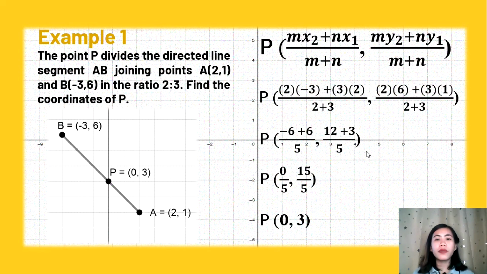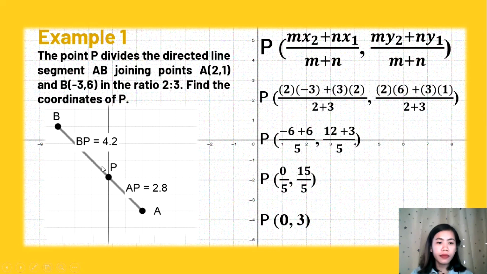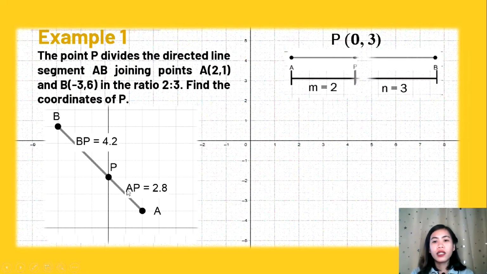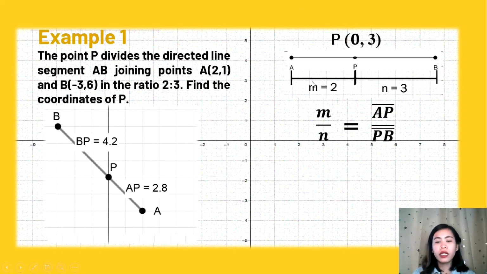So, gaya ng sabi ko sa inyo last time, pwede nyo i-check yung sagot nyo gamit ang application software. So, dito, ginamit ko ulit ang GeoGebra para ma-check kung tama ba talaga yung sagot natin. So, we have these points and the coordinates. Then, kinuha ko yung distance nila or yung length. Si line segment BP is 4.2, si line segment AP is 2.8. So, again, we have the ratio M is to N, si M dito, ang nire-represent niya yung line segment AP.